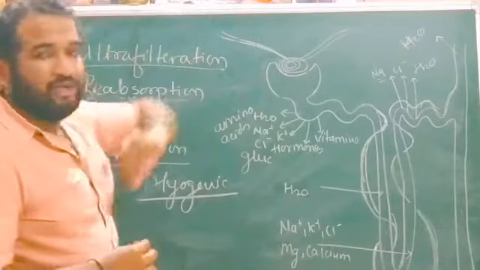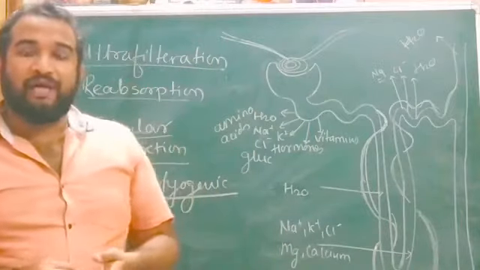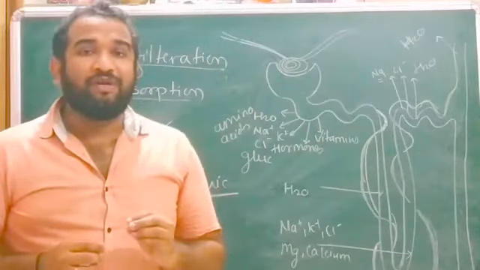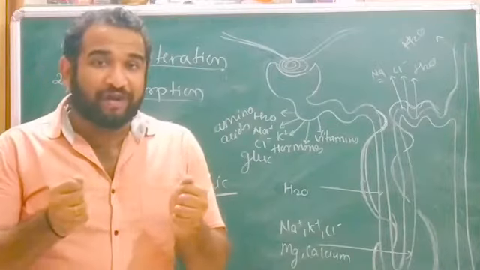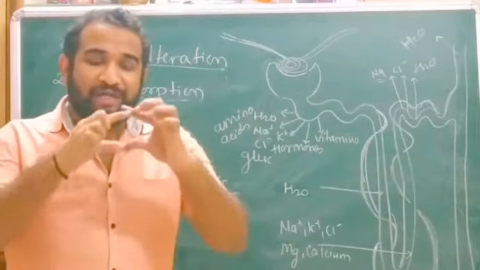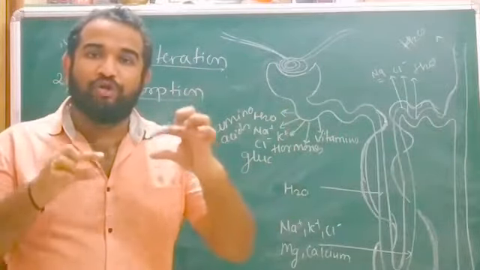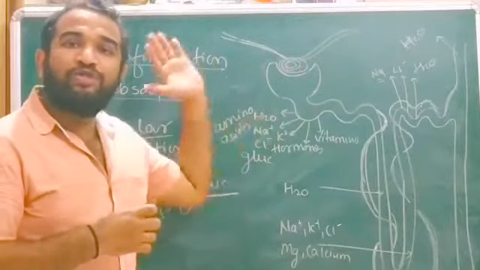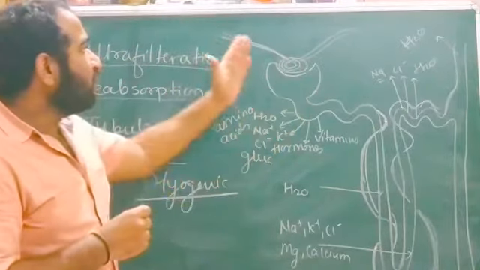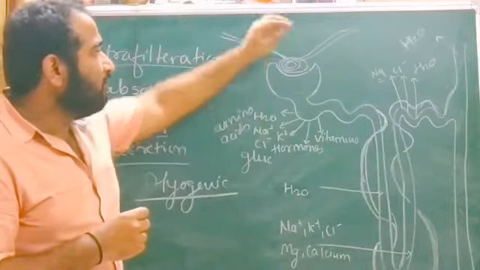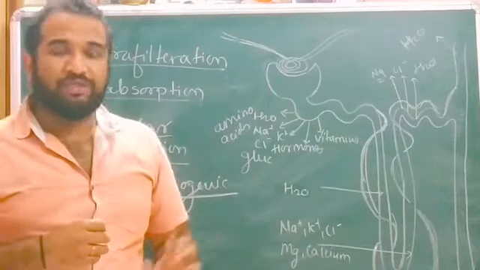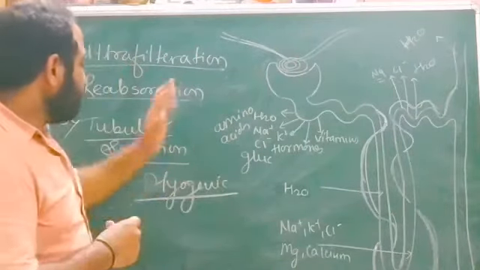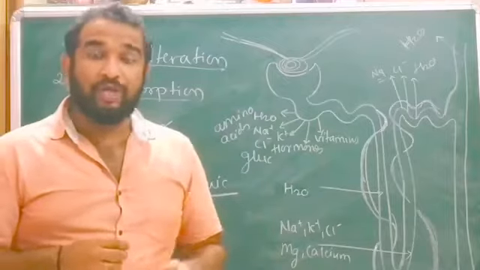The muscles of the afferent arteriole contract, and when they contract, the diameter of the afferent arteriole reduces. When the diameter reduces, the pressure increases, and because of that the blood comes with a higher pressure to the glomerulus. That is the myogenic control.